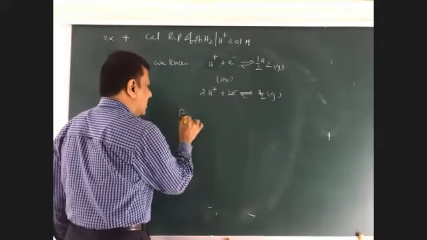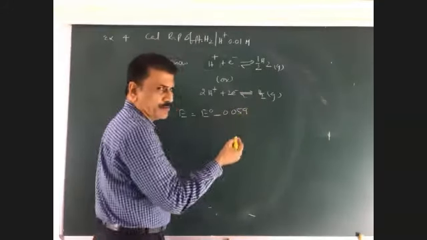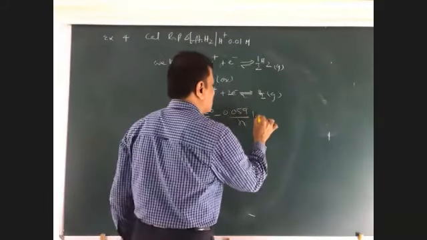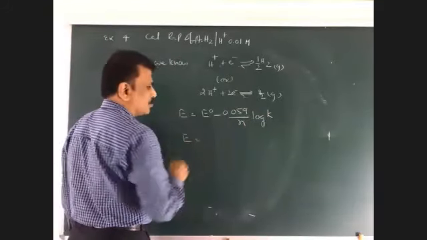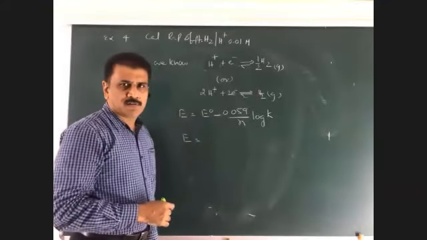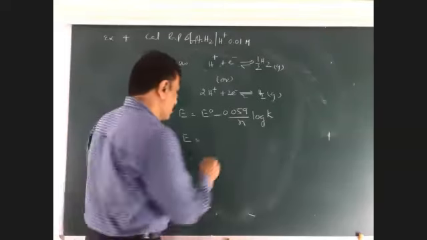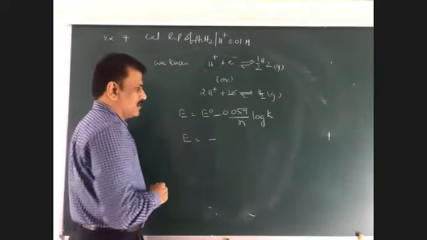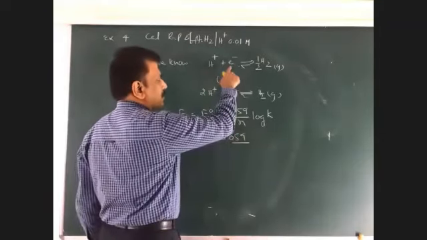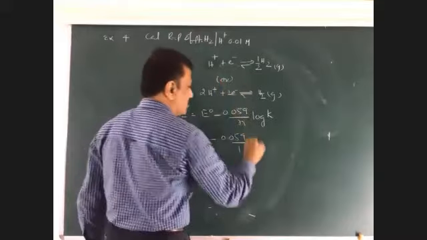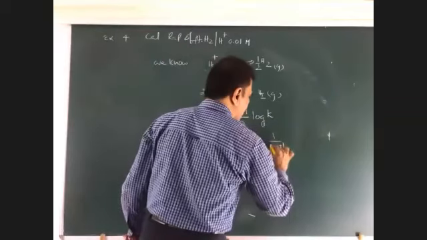Now, E is equal to E naught minus 0.059 or 2, whatever it means, by N into log K. So E is equal to, what is the E naught value? For standard hydrogen electrode, E naught is 0. Therefore, minus 0.059 by 1 into log 1 by H plus.